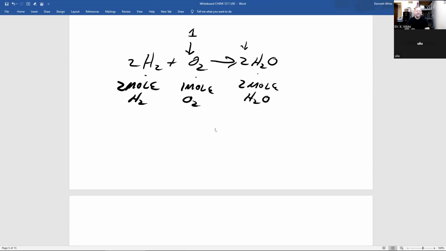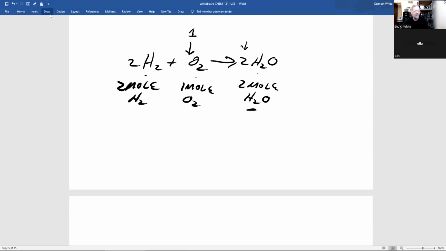So the coefficients, the numbers in front of the formulas in a balanced chemical equation, give you molar ratios. And that tells me 2 moles of hydrogen react with 1 mole of oxygen to make 2 moles of water.